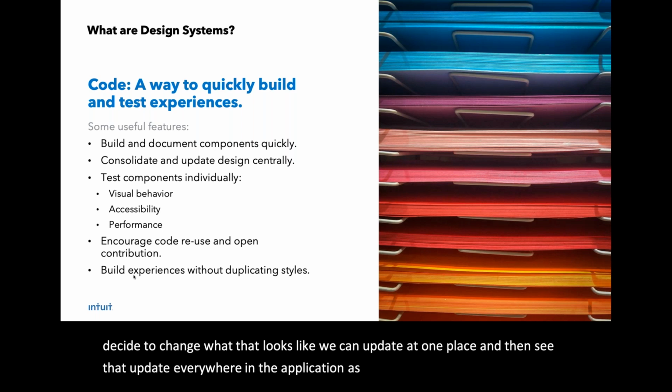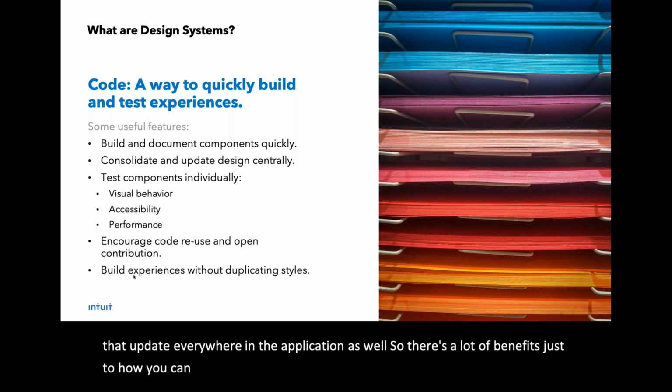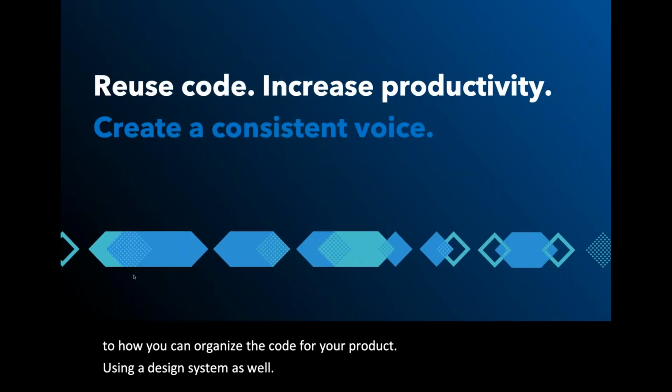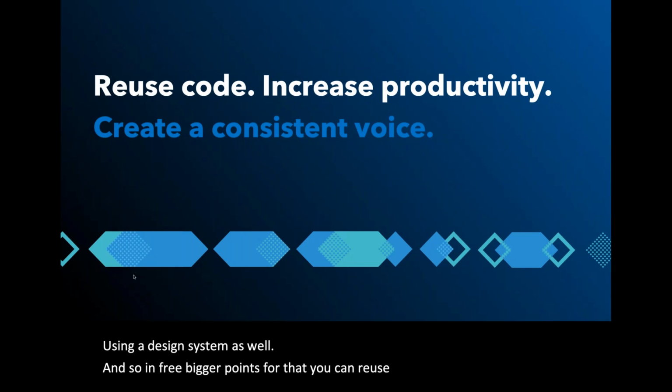So there's a lot of benefits just to how you can organize the code for your product using a design system as well. And so in three bigger points for that, you can reuse code that increases productivity, and you can create a consistent voice for your application.